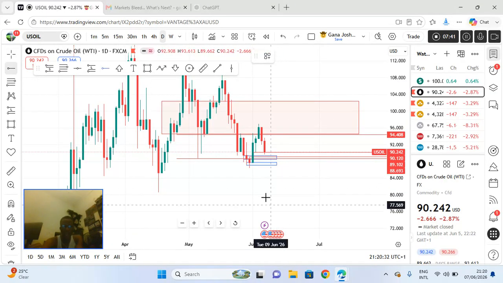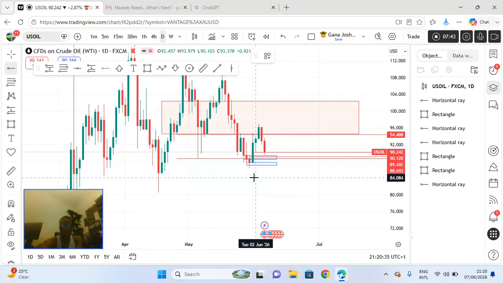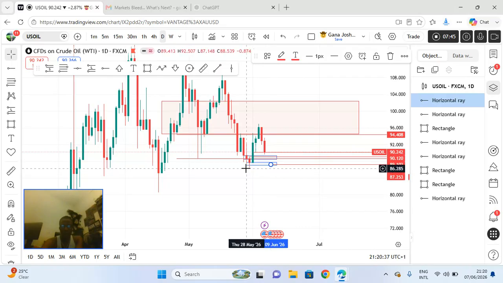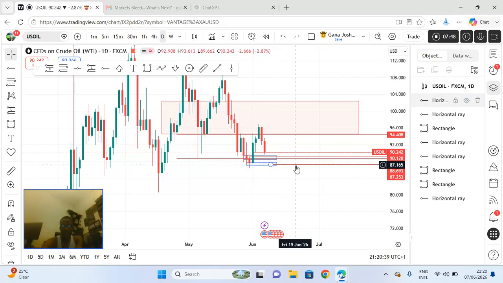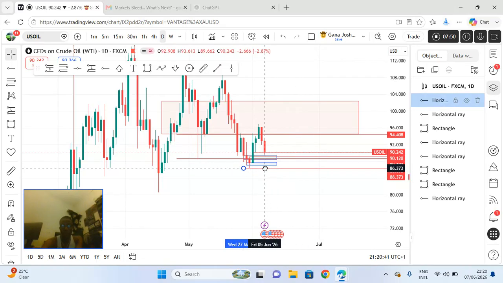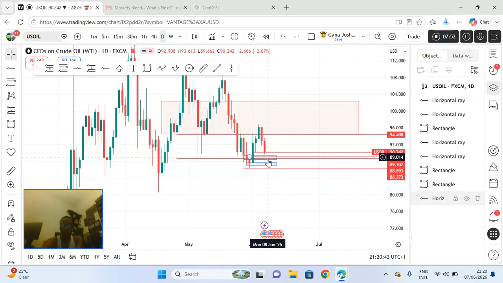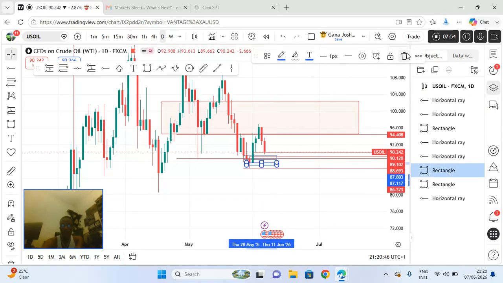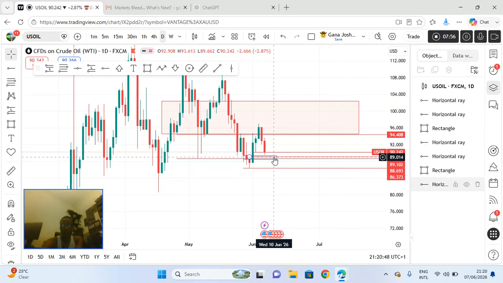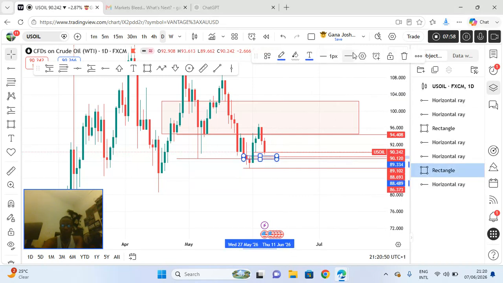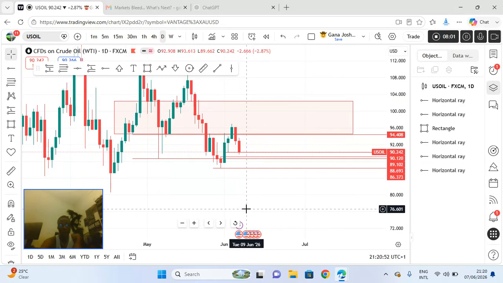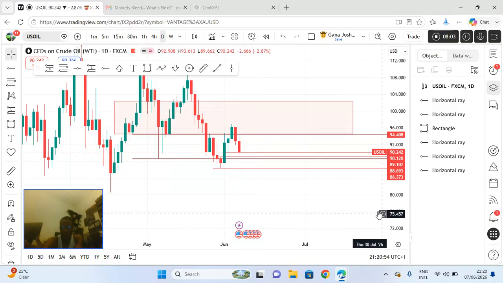So without even having to do much, this is a vulnerable low that could be taken out.